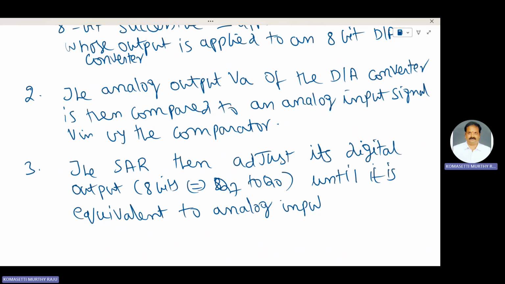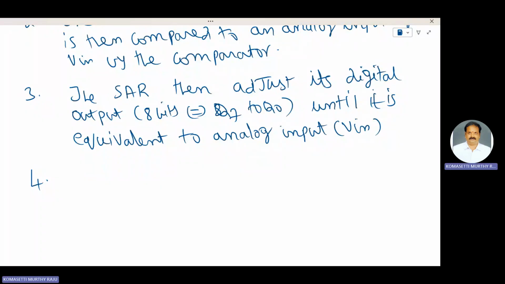Next, fourth point here: the 8-bit latch at the end of conversion holds onto the resultant digital data output.